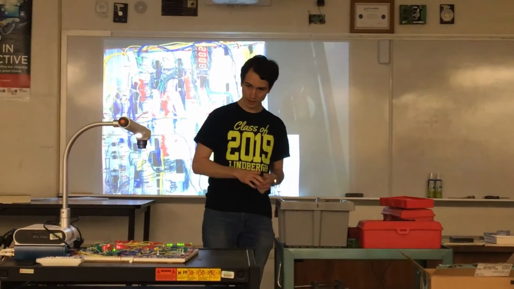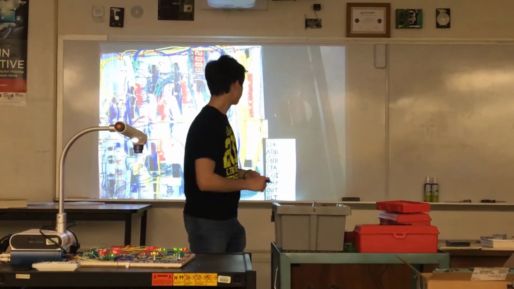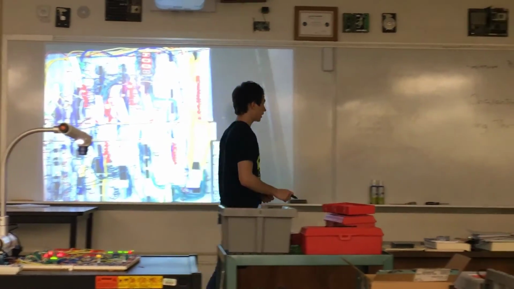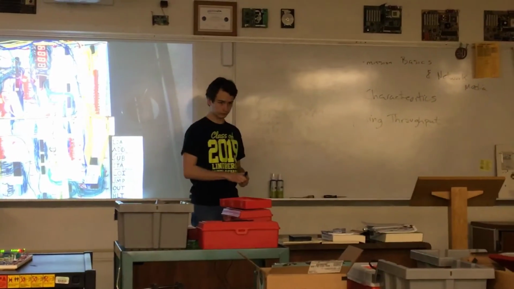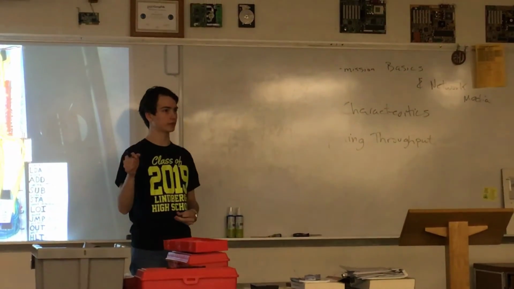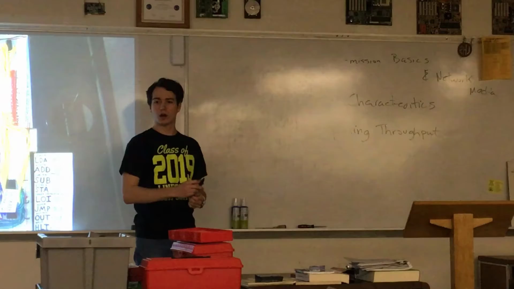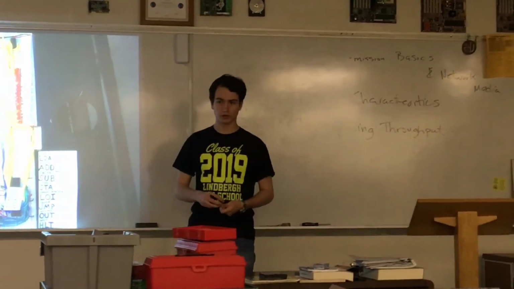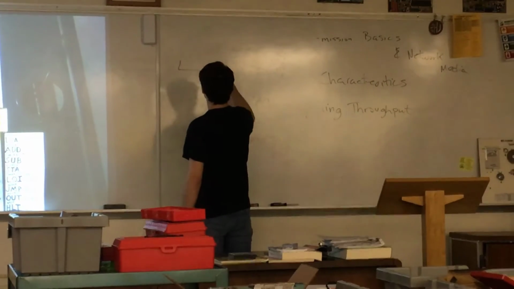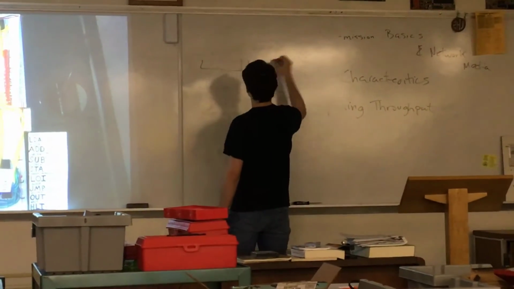So, where I left off yesterday was I was talking about the instruction register. So you all remember that registers hold 8 bits of information. Well, the instruction register basically does the same thing.